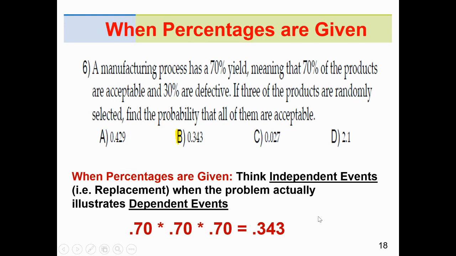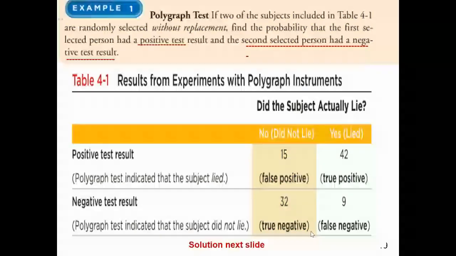So it makes it somewhat easier for you. That only happens when you're given percentages, not raw counts. You think independent when in actuality they are dependent.